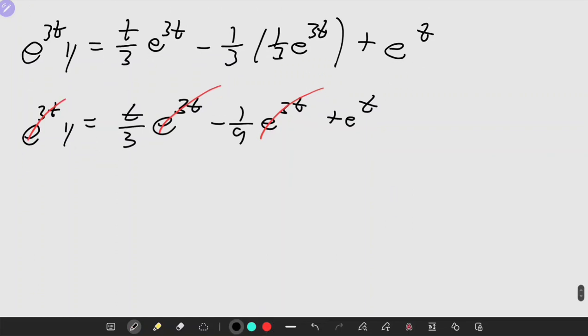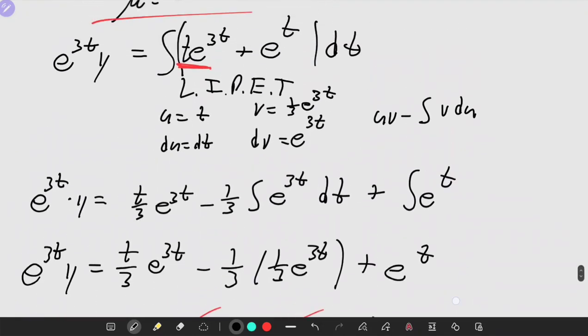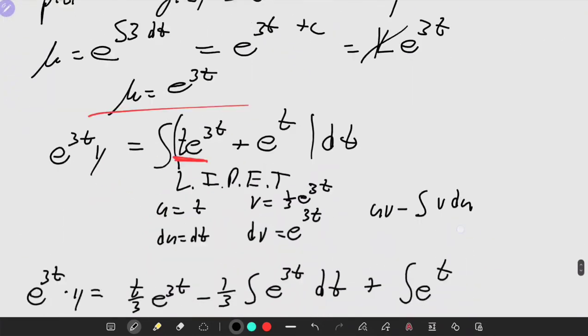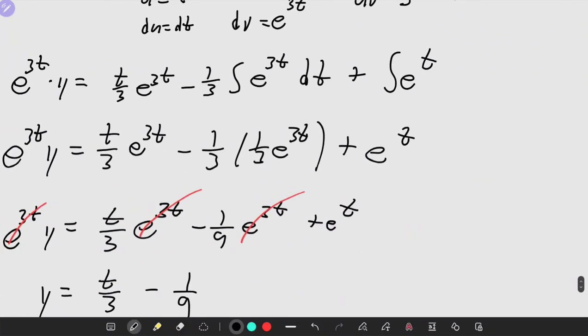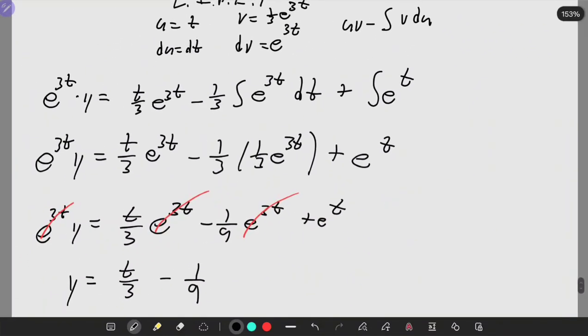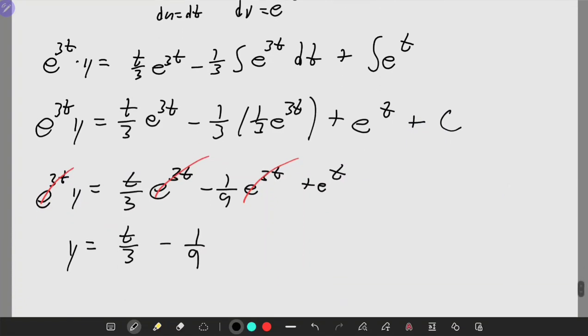Unfortunately, we still have this over here, so we have y is equal to t over 3 minus 1/9. Wait, am I missing a term? Oh, wait a minute. I forgot my plus c. Oh, geez. So up here we have a plus c, don't forget.